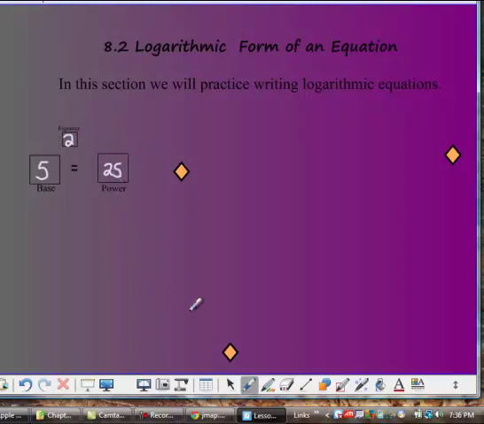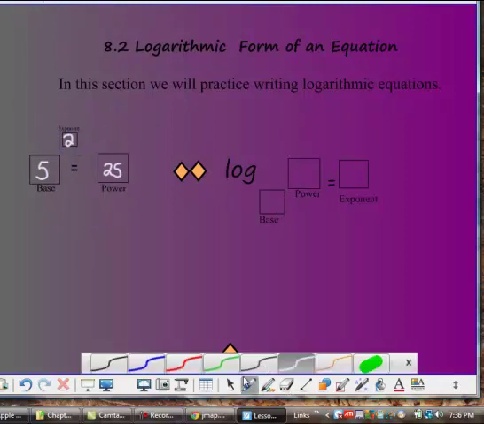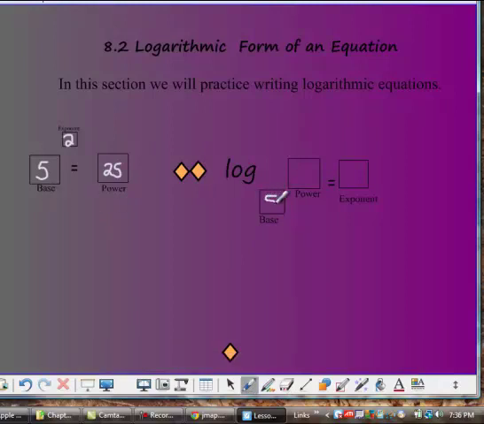Oh, life is good. Well, John Napier came around and said, I can make that easier. Really, he did. So what you are charged with today is taking this problem over here and putting it into log form. So the base, when we talk about logarithms, is actually a sub.